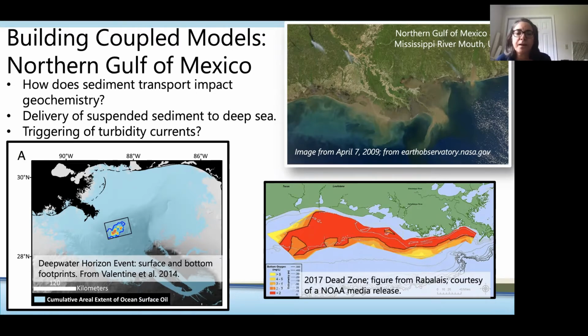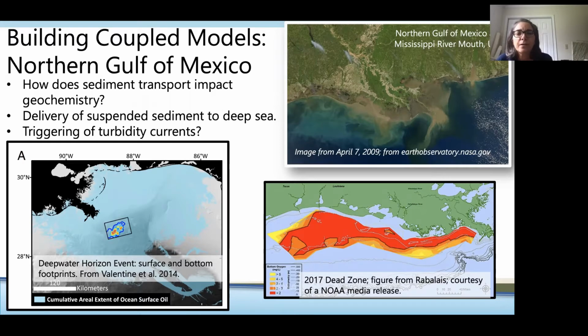A big field of study has been trying to relate the nutrient output from the Mississippi River and the oceanographic forcing to the extent of this dead zone each summer. And then another project that we worked on was linking our sediment transport model to an oil dispersal model. So this panel here shows the footprint of sedimented oil that was mapped out after the Deepwater Horizon event.